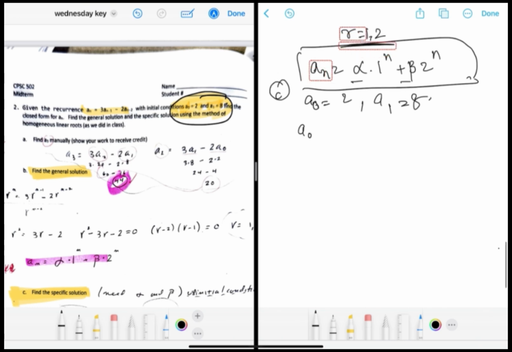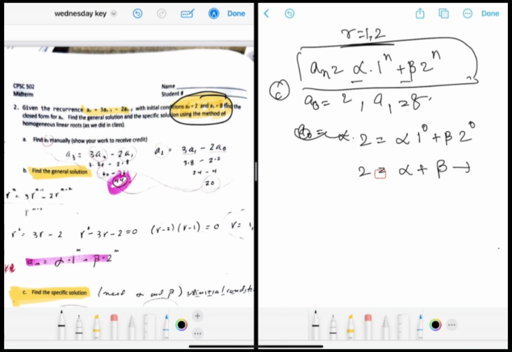So a_0 is already given, that is 2, is equal to alpha times 1 power 0 plus beta times 2 power 0. So that is 2 is equal to alpha plus beta, since 1 power 0 is just 1 and 2 power 0 is also 1.